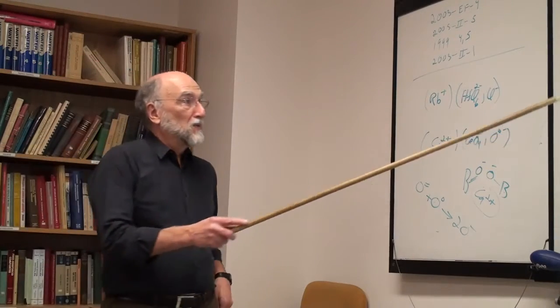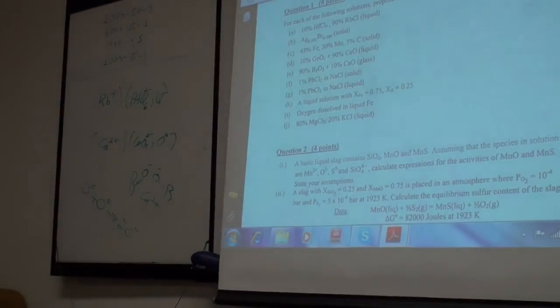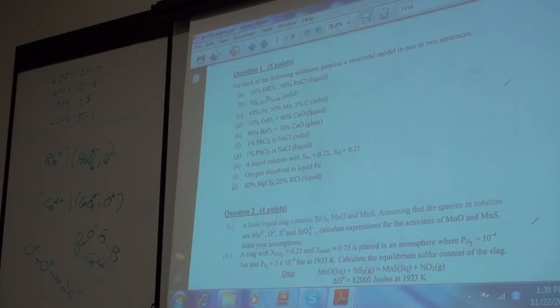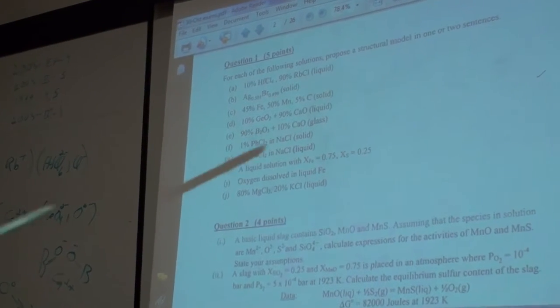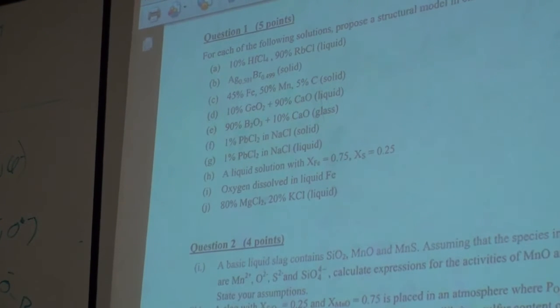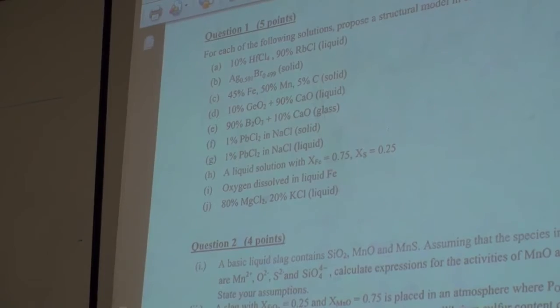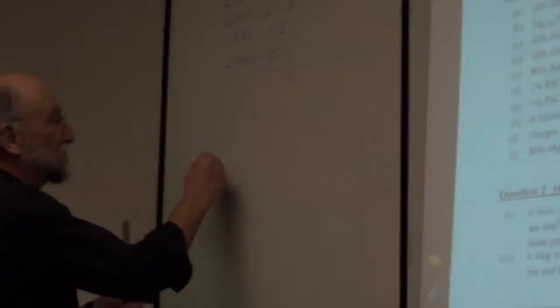1% PbCl2 and NaCl solid. And then we have 1% PbCl2 and NaCl liquid. Okay, well, an NaCl liquid, it's fairly simple. Let's do the liquid first.